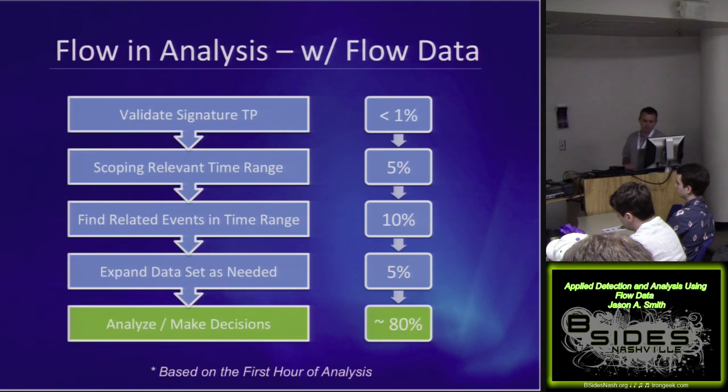With flow data, you really get to spend 80% of your time for a given hour on making the decision of good or bad, and that's because you kind of kill the first few things. So you can still do the validations of the signature and whatnot, depending on certain types of data. Again, that's easy with PCAP in general, but then you're actually sorting through things.